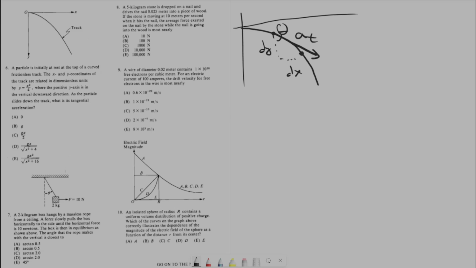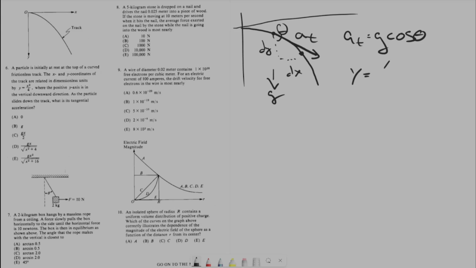Call that theta. From this we can get that the tangential acceleration is going to be, let's just make sure, g cos of theta.